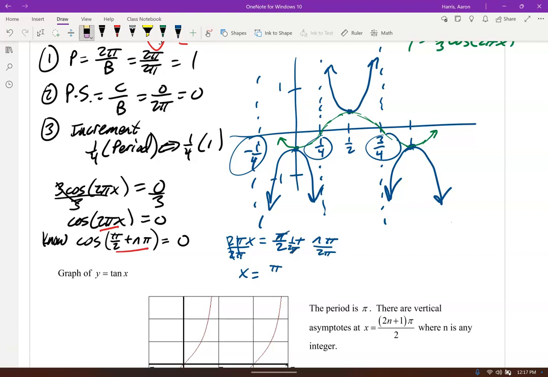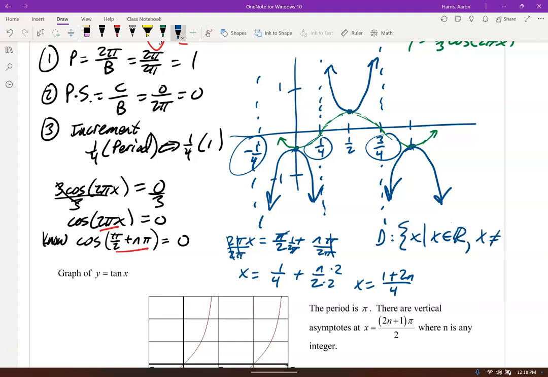We've got 1/4 plus n over 2, where n is an integer. Or if you want to write this as 1 plus 2n all over 4. So the domain is all reals except for anywhere where x is 1 plus 2n over 4, where n is an integer.